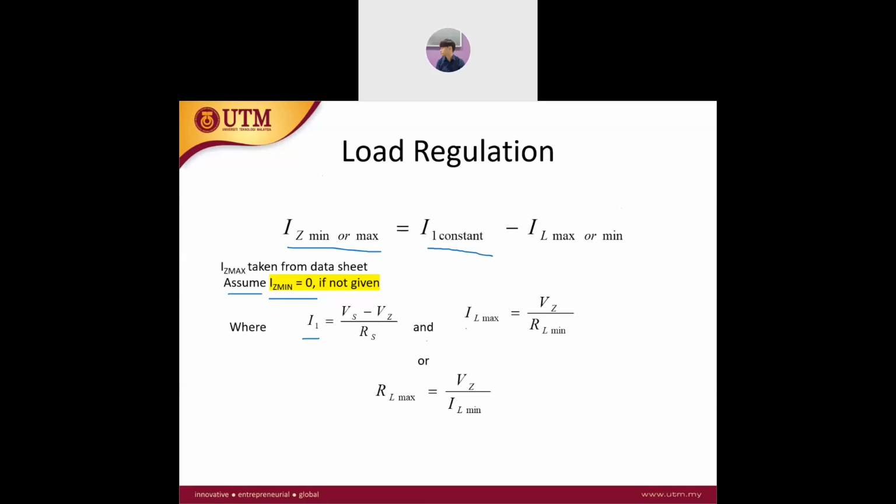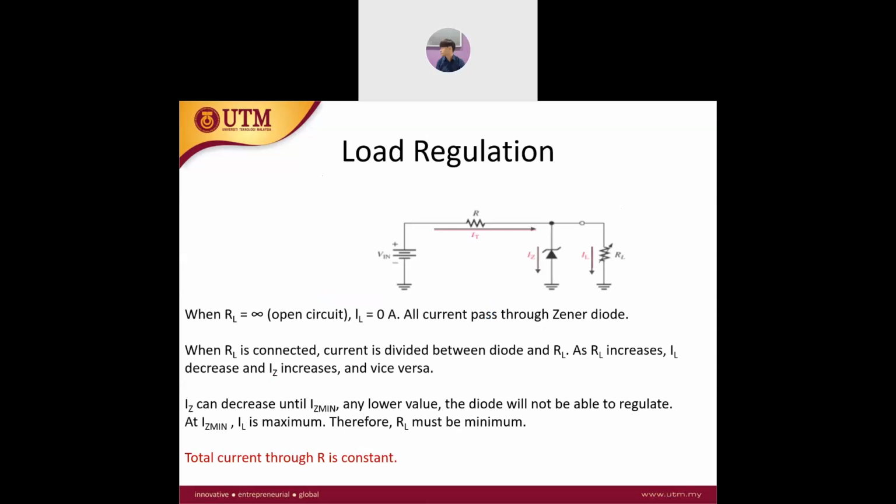For IL max, you will notice that IL max equals Vz over RL min, because this current is maximum at the load, meaning the load resistance is lower, or RL max equals Vz over IL min. So this is pretty much straightforward. Just take your time, try to see the example and retry it, so that you know whether you understand or not.